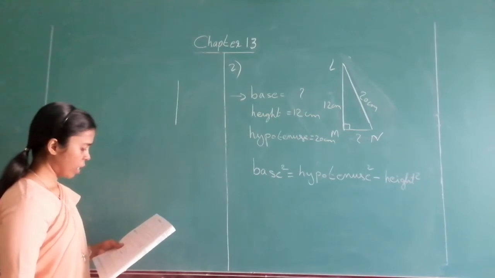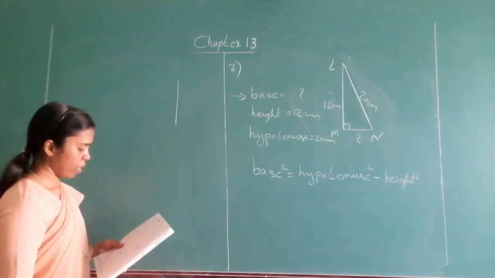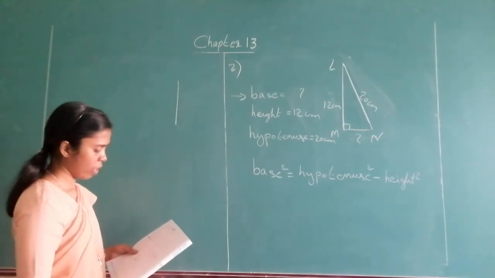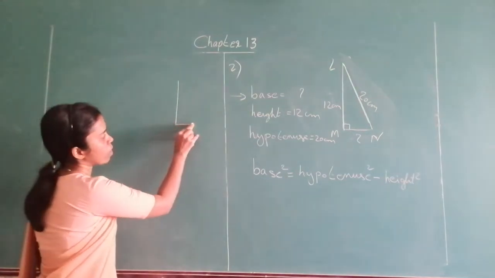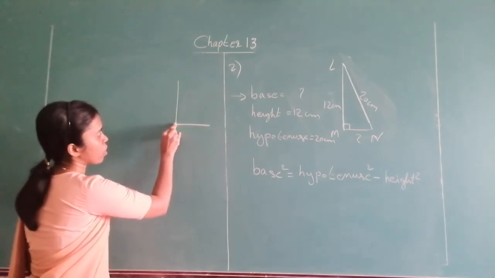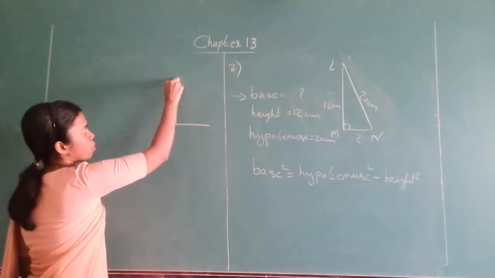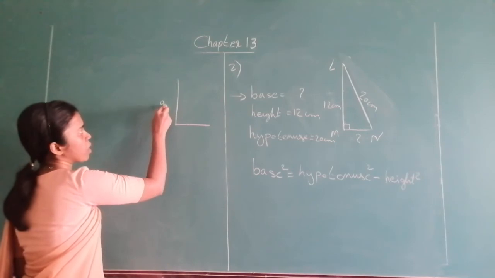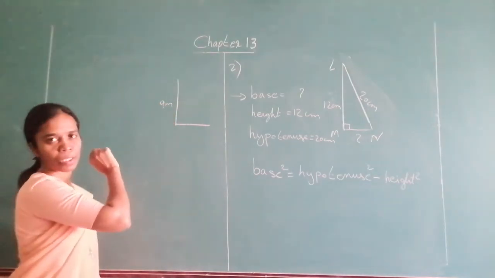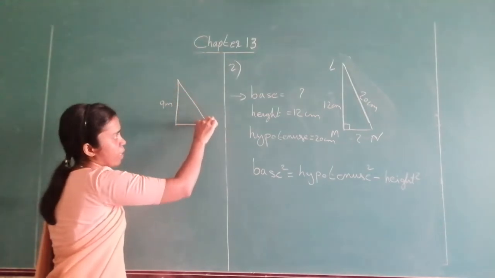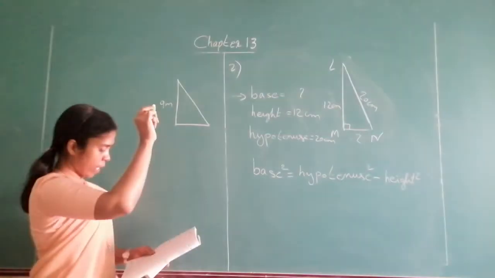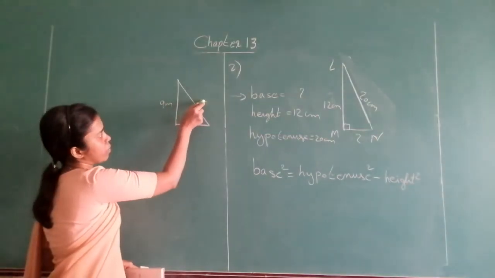This is the ground. This is the wall to the ground, and here there is a window that is at 9 meter height. Now the ladder, we always keep it like this slanting. Now the ladder is of 15 meter.